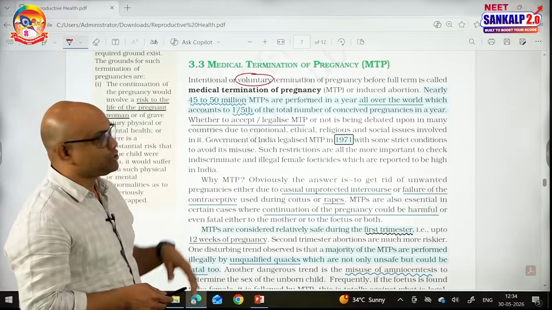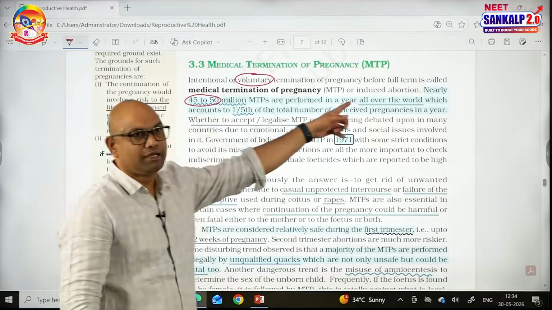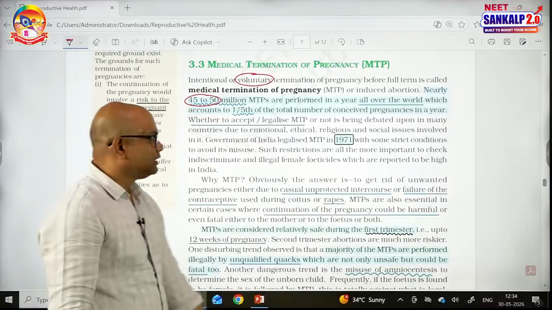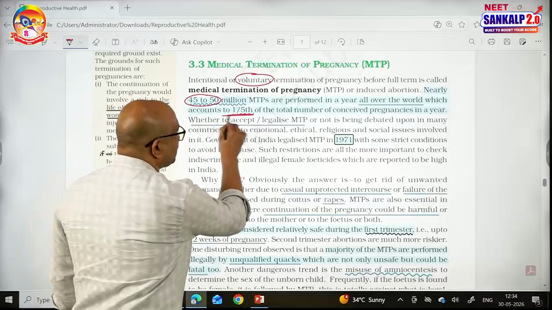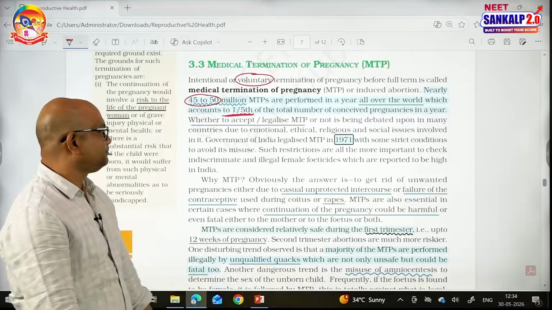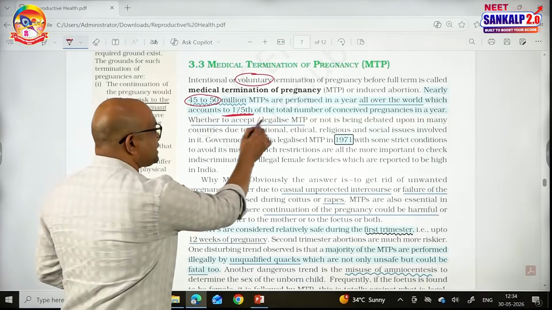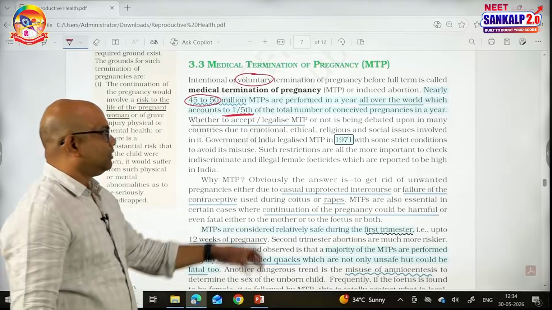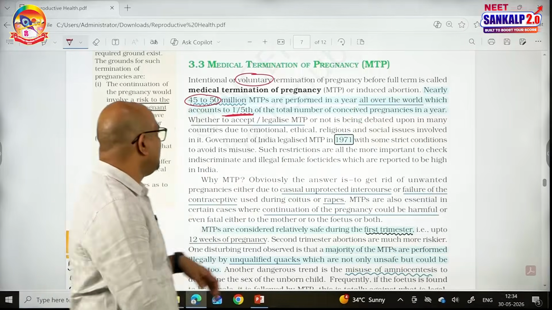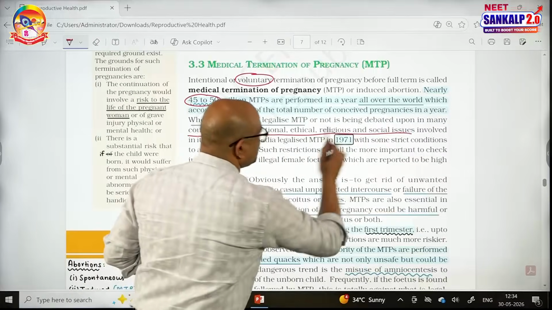See the factual information here. Nearly 45 to 50 million MTPs are performed in a year worldwide. That is around 1/5 of the total number of conceived pregnancies in a year, around 20%. Whether to accept or legalize MTP or not is being debated in many countries due to emotional, ethical, religious and social issues.